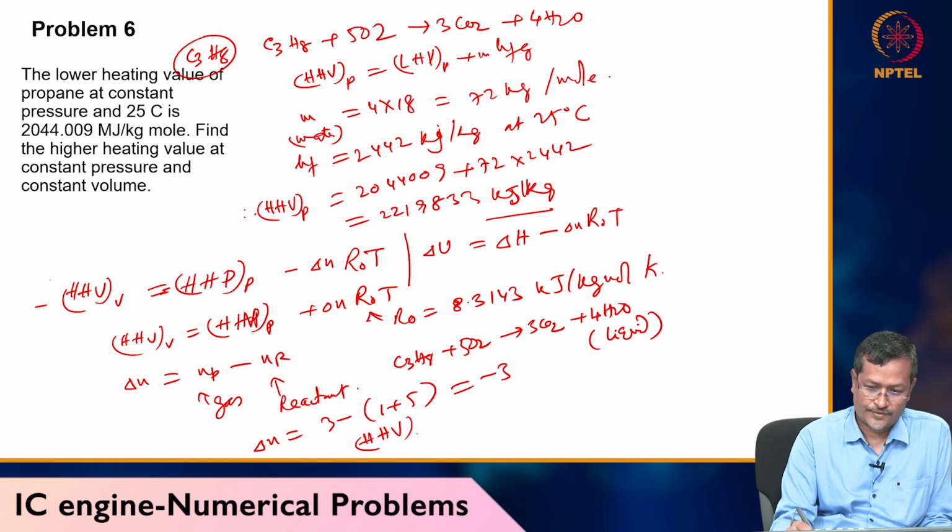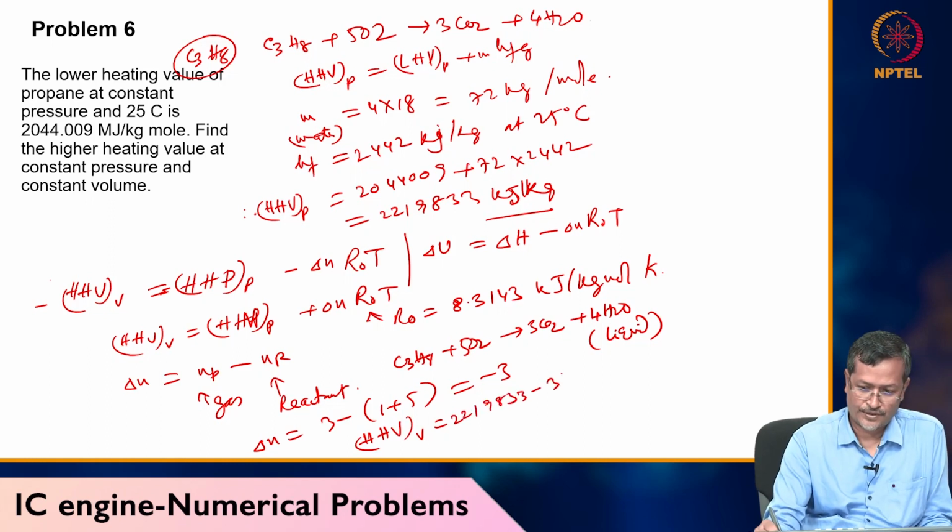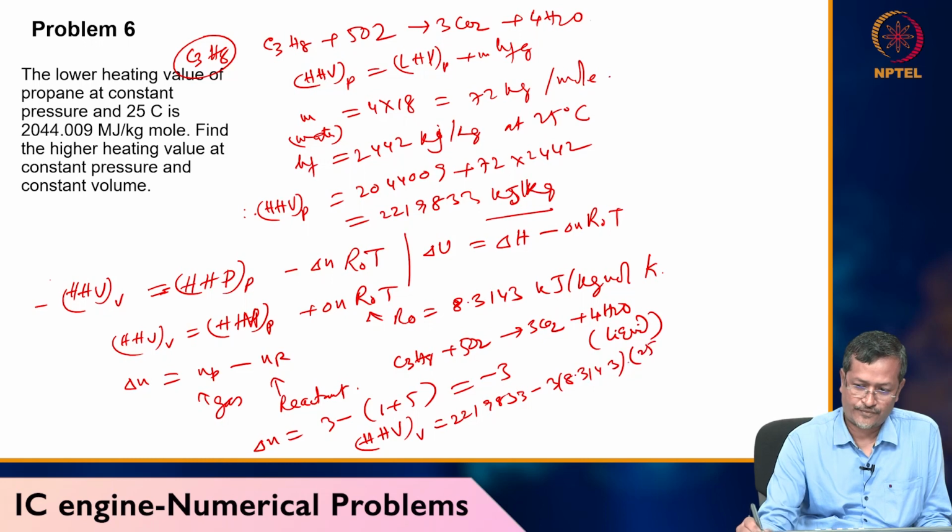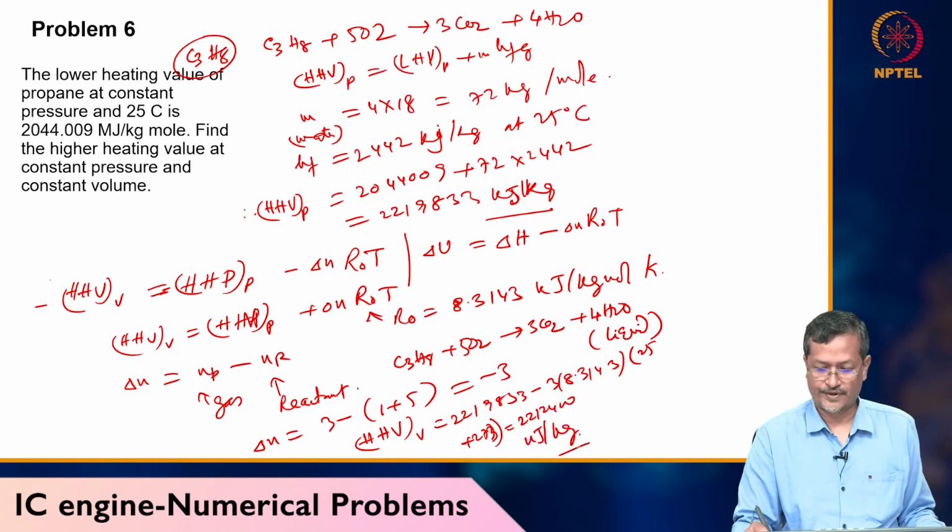HHV at constant volume is 2219833 minus 3 into 8.3143 into (25 plus 273). This gives 221240 kJ per kg. This is your final answer.